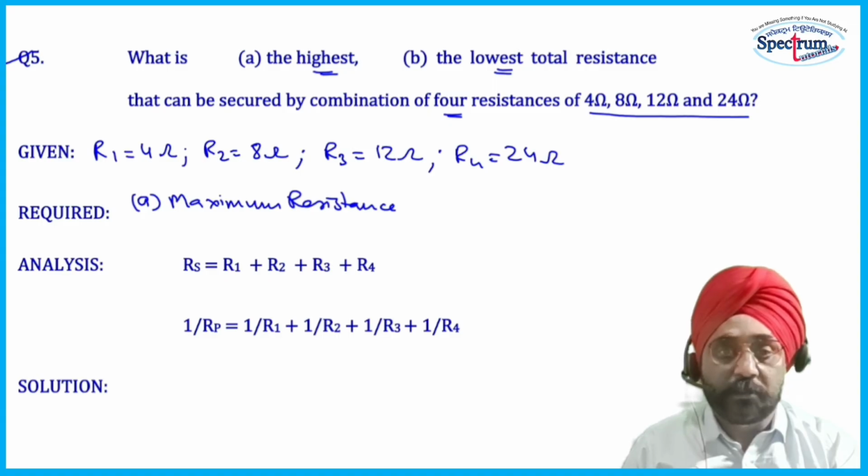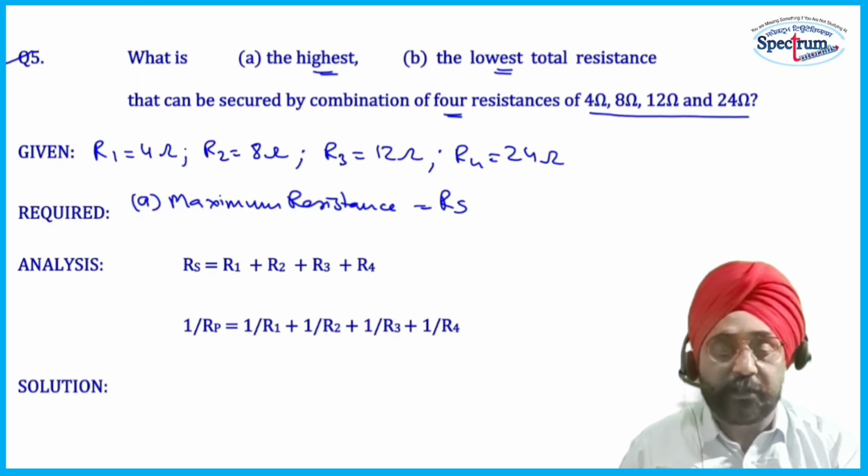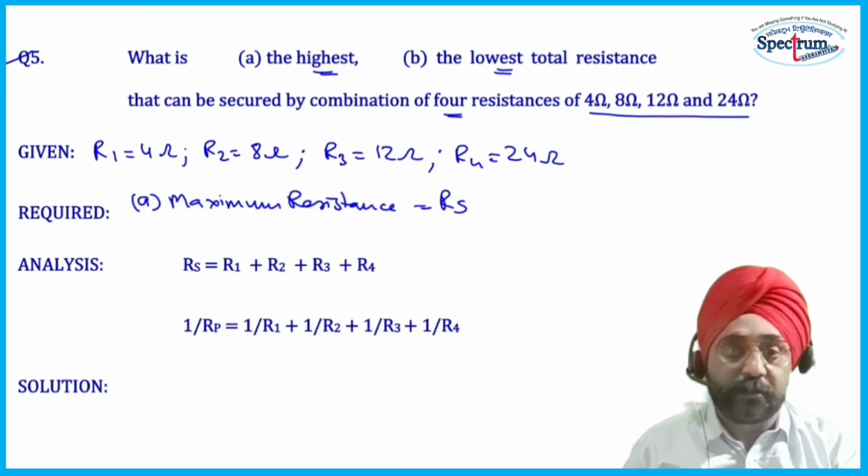Required: in A part, maximum resistance. We get maximum resistance in series connection, so we find RS.